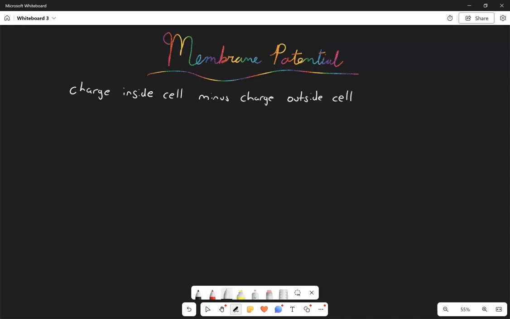When I write this, I tend to draw little lightning bolts. Charge in minus charge out is equal to the membrane potential, which I abbreviate MP.